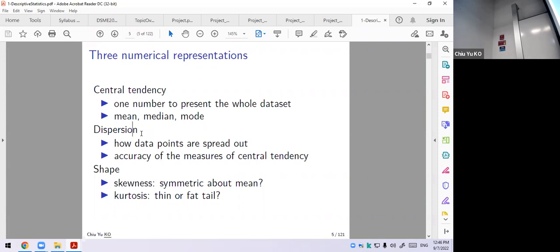The next one is kurtosis, something I think is new. It looks at whether you have a fat tail or thin tail. You're looking at the outliers, the extreme values. Are there a lot of extreme values or not so many? If only several people earn a lot of money, that's okay.